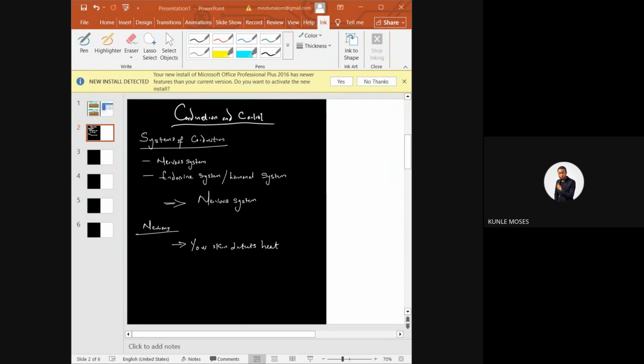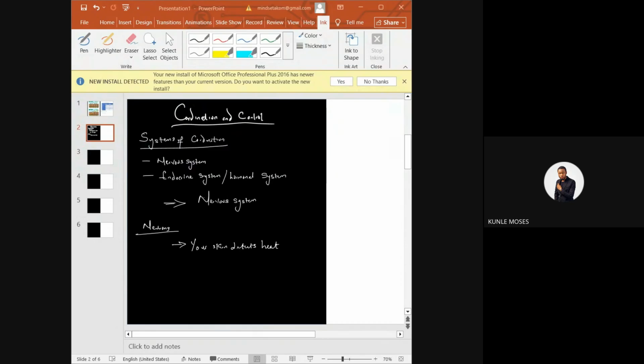So the nervous system, we want to check the specialized cells under the nervous system. Number one, neurons. The nervous system is made of specialized cells called neurons. A neuron is a cell, that's the first thing you should write.